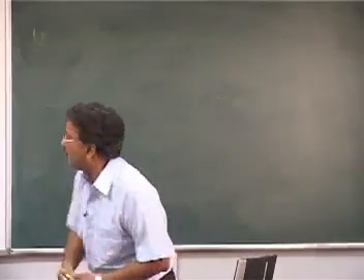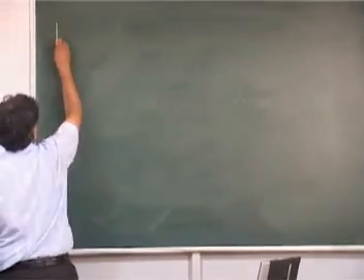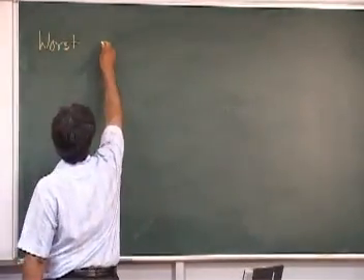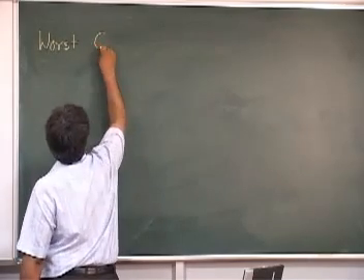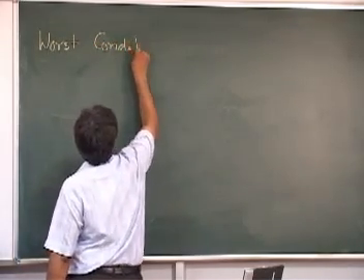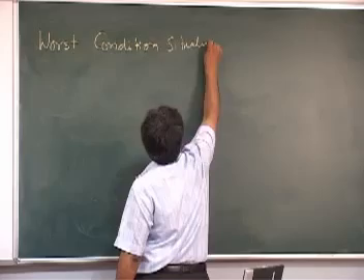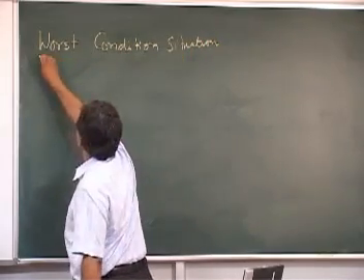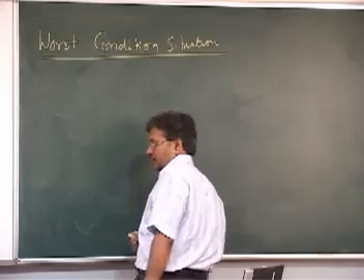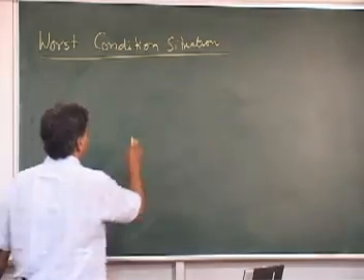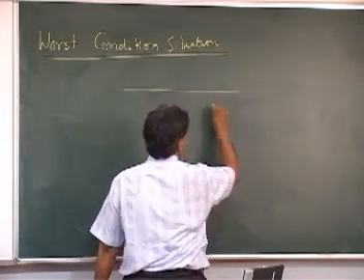Okay, if I can use the terminology, worst condition situation. I do it by trial and error. Okay. There are ways you can do without trial and error also, but one of the simplest things is to do by trial and error. And what you do is make a table.